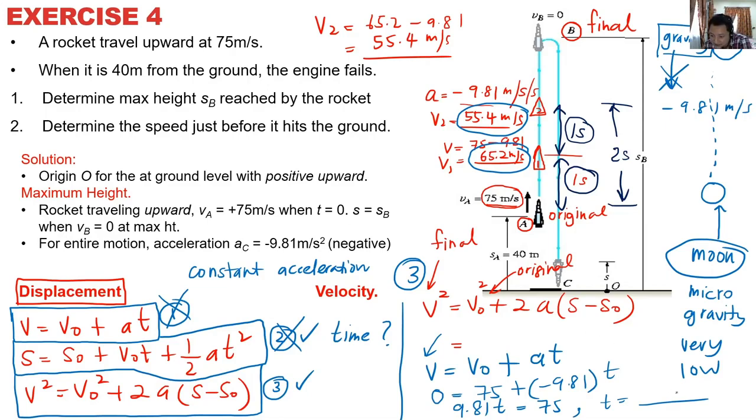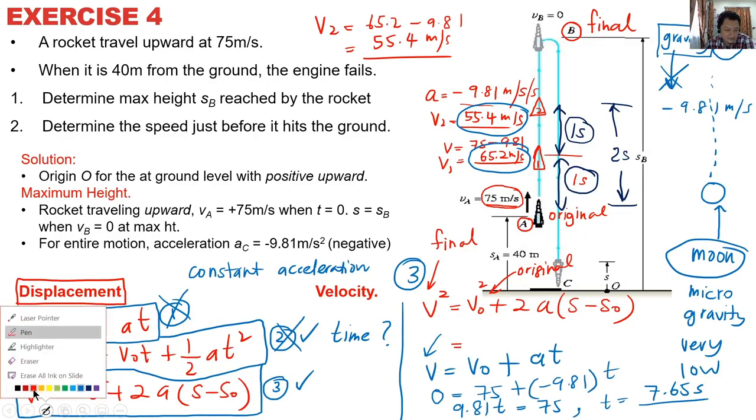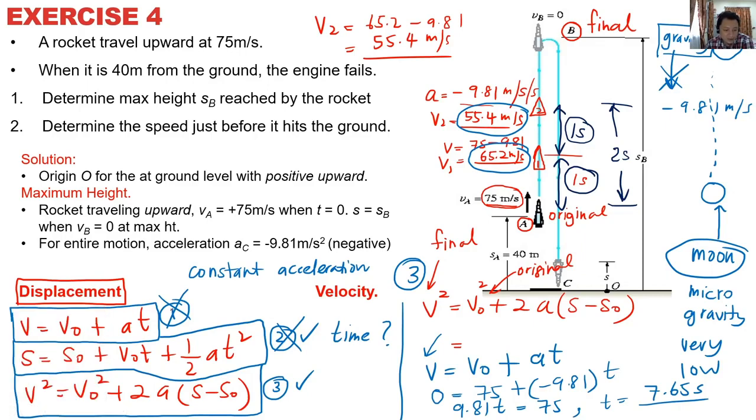So 7.65 seconds. Oh, so equation number 1 pun you boleh guna juga. In 7.65 seconds, this rocket will be at the maximum altitude. Okay, maximum altitude. So equation number 1 boleh guna.